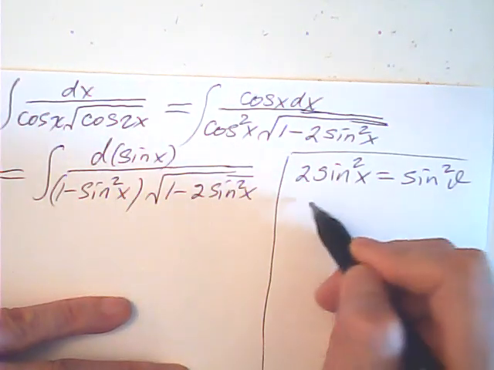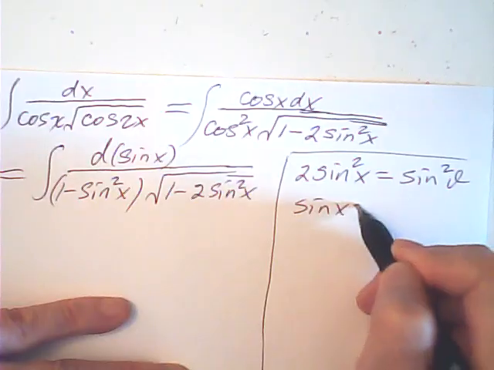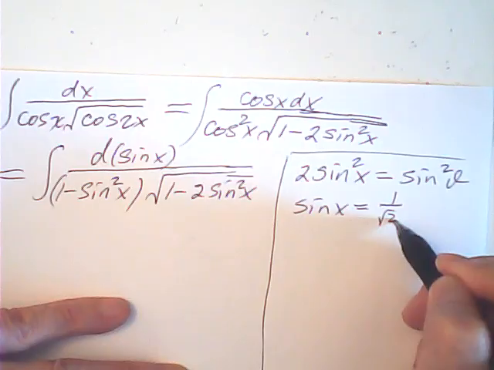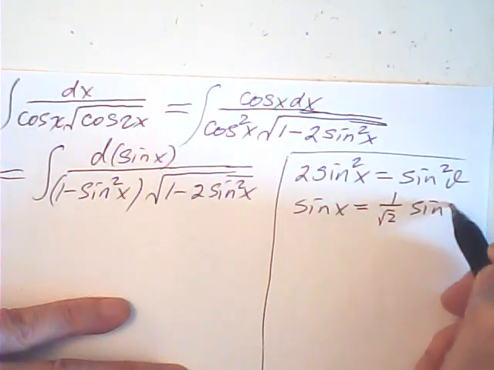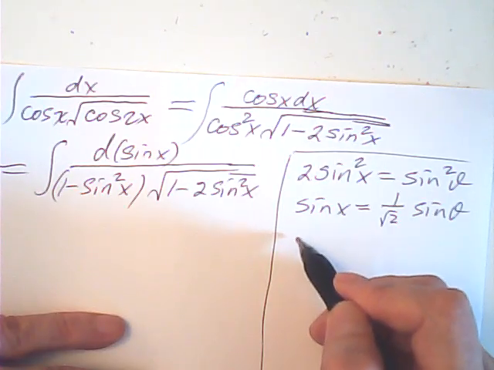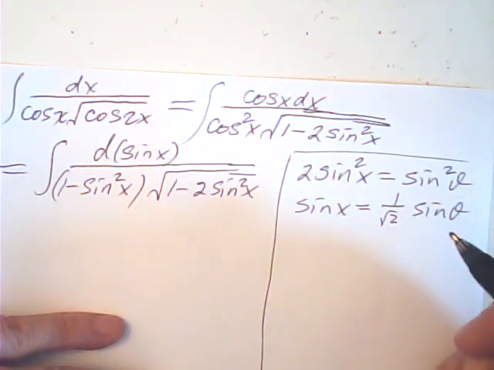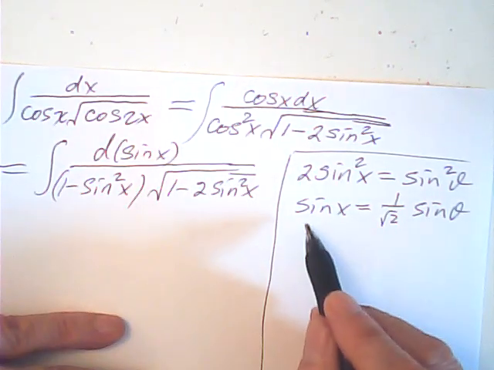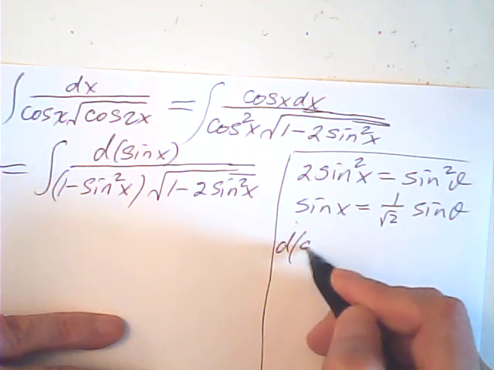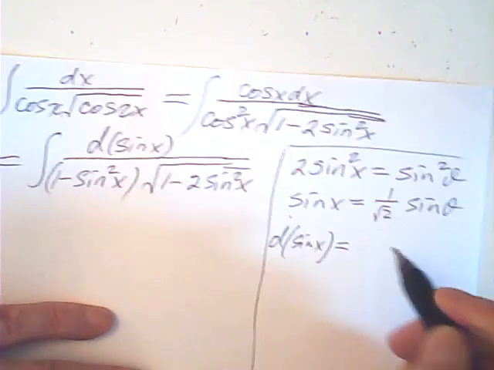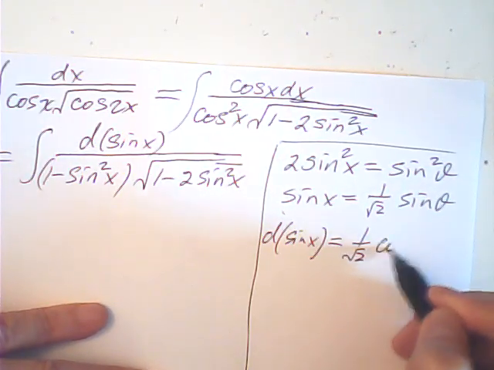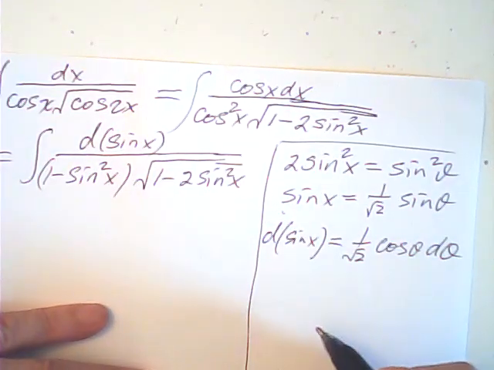So if this is so, then sine x is equal to 1 over square root 2 sine theta. Then I take d sine x, which will be equal to 1 over square root 2 cosine theta d theta, right?